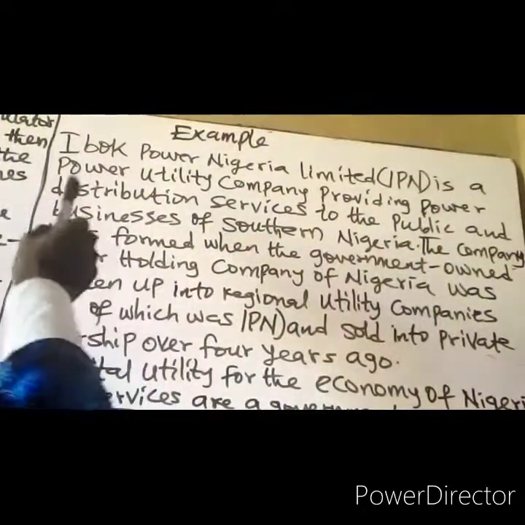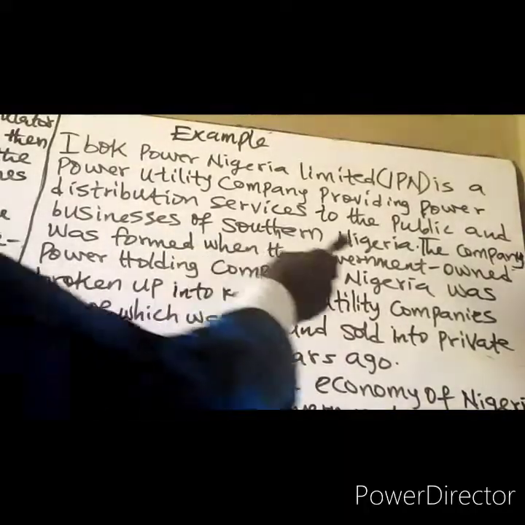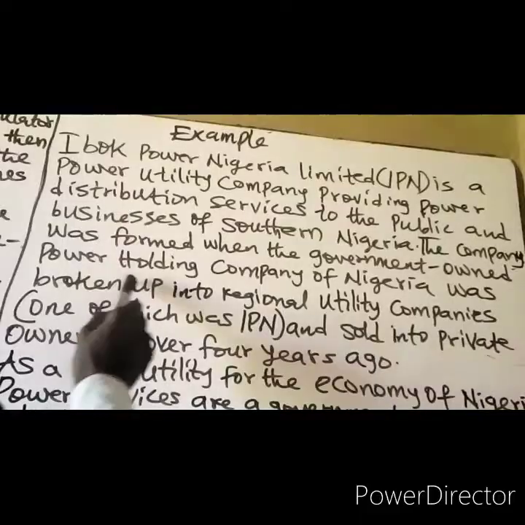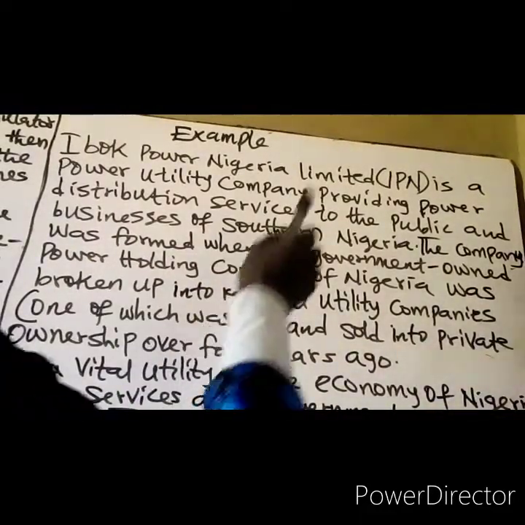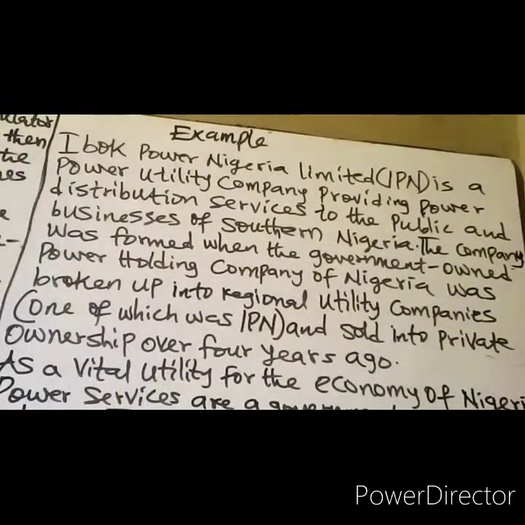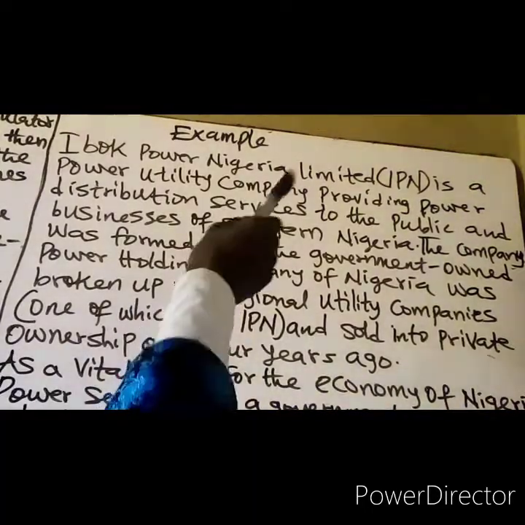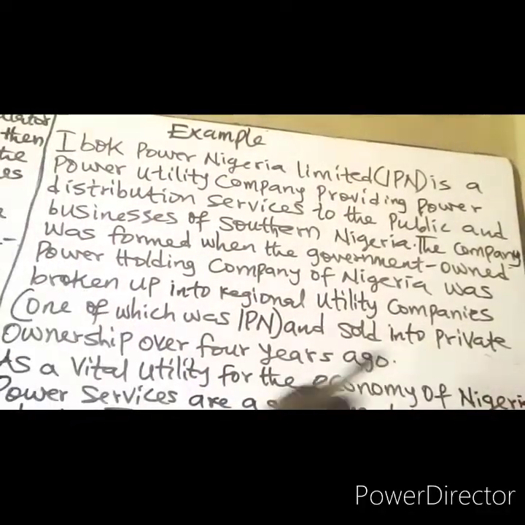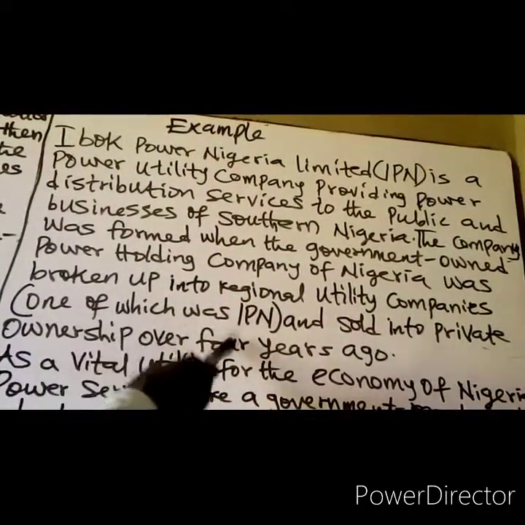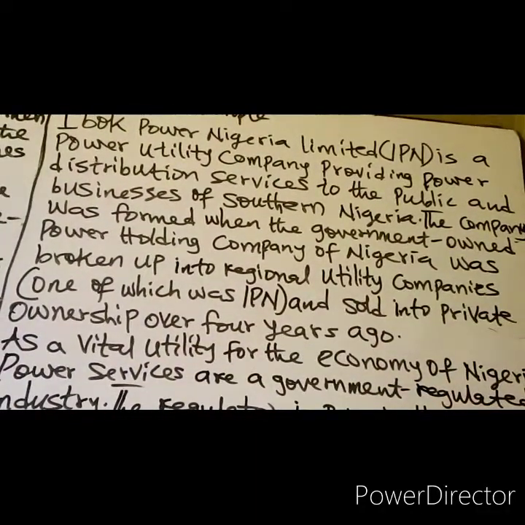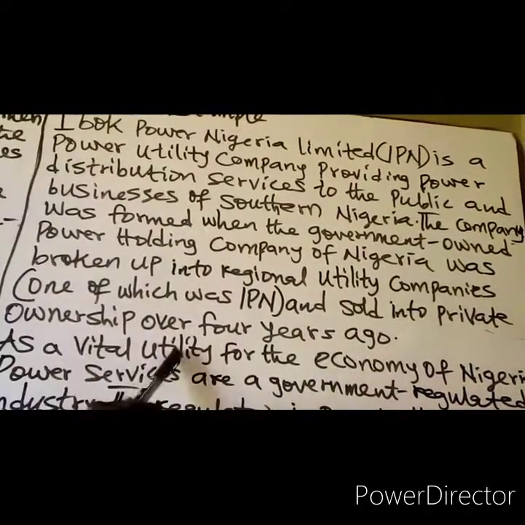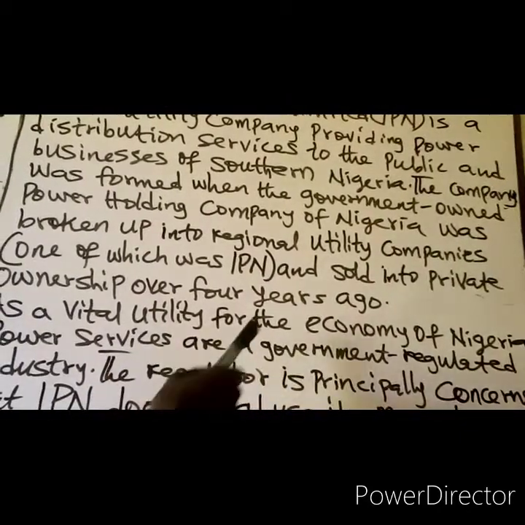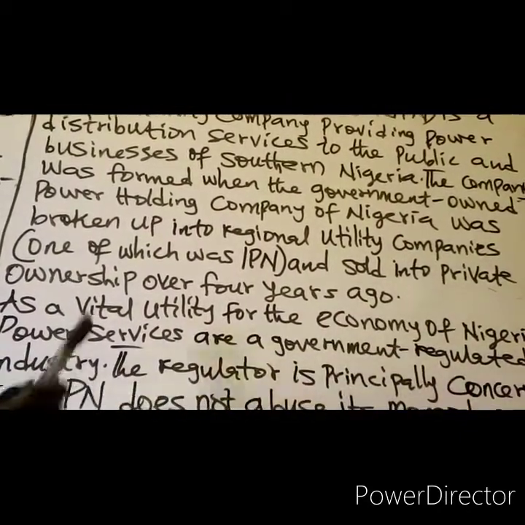The company was formed when the government-owned Power Holding Company of Nigeria was broken up into regional utility companies, one of which was IPN, and sold into private ownership over 4 years ago. As a vital utility for the economy of Nigeria, power services are a government-regulated industry.